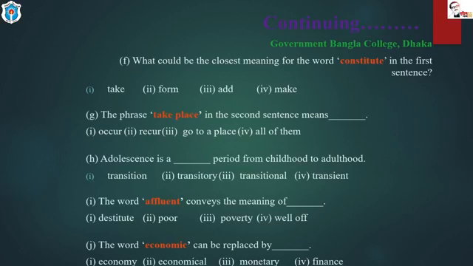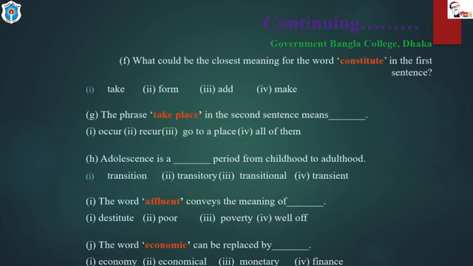Now, my dear students, I'd like to give you the answers of these 5 MCQs. I have already talked about the first MCQ. Now, let us talk about the second one, G. This MCQ has already been covered because I gave you 5 MCQs before the question of Bangla colors, and in those 5 MCQs, G number was common.